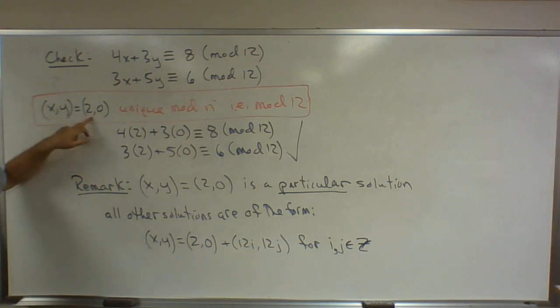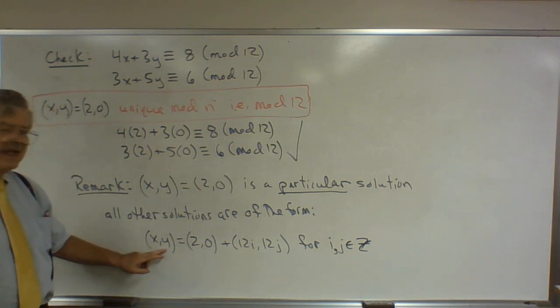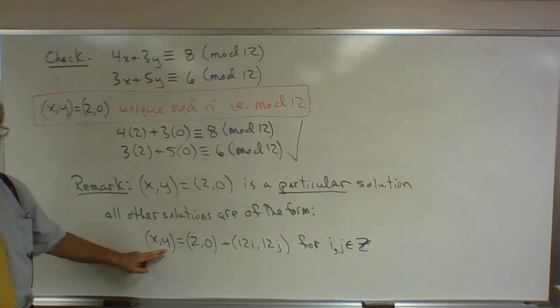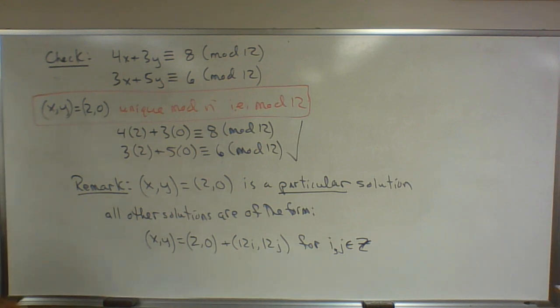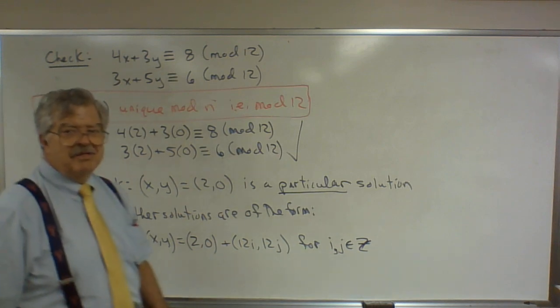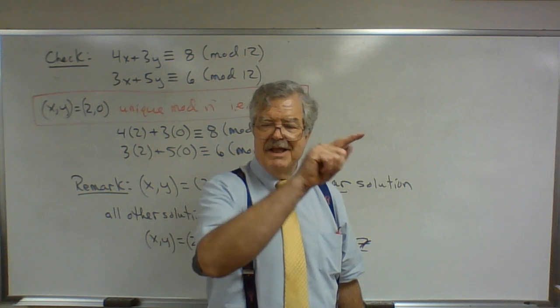What makes this one special? This is the only one that has x, y between 0 and 11. All of these other solutions are going to have either x, y or both less than 0 or greater than 11. So as far as mod 12 goes, and when we think mod 12, we think 0, 1, 2, 3, 4, 5, 6, 7, 8, 9, 10, 11.